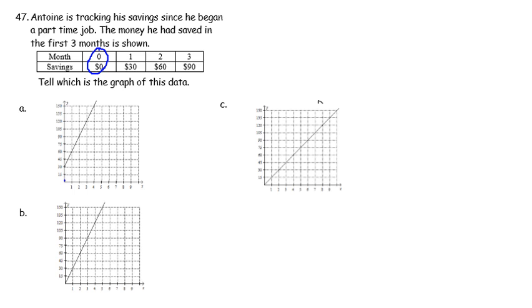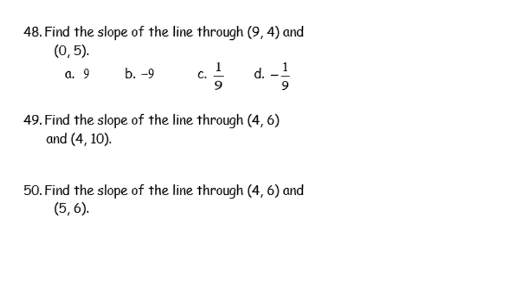So I see this first one, it didn't start in the origin, so that one's out. The next one, the next point is 1, 30. So 1, 30 would be over 1, up 30. That one didn't hit it. Over 1, up 30, so B would be our answer.